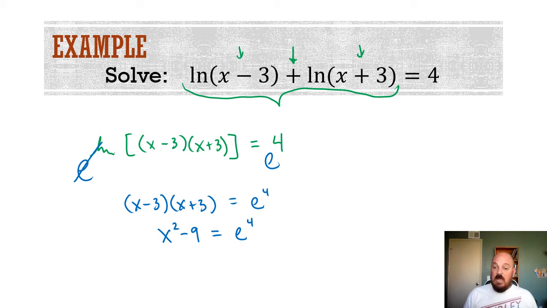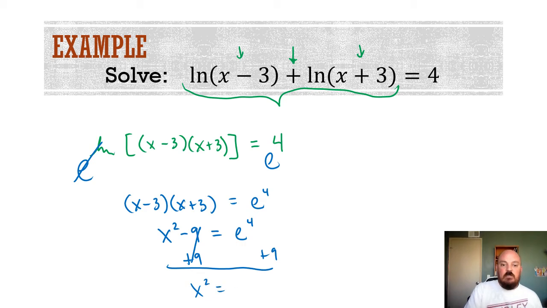And then we're solving for x, so I would add 9 to both sides. We get x squared equals e to the 4th plus 9. We take a square root. And what I have right now, I'm going to write them out separately. First of all, we get a plus or minus.